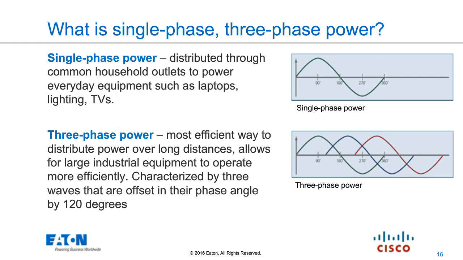It's primarily used because it's more efficient when distributing power over long distances, and you can get much higher voltages. A lot of times when you have a long distance to distribute power, you'll have voltage drop. In order to overcome that, you use a much higher voltage with three-phase power, so that you don't have that voltage drop.